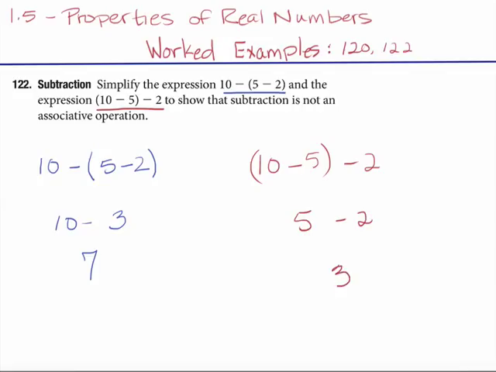By the associative property, it seems like since all my numbers are in the same order and all my signs are the same, since all I've done is move the parentheses, I should get the same answer. But because of the order of operations, in the first I have to do this subtraction first and subtract the result from 10. In the second example, I have to do this subtraction first and then subtract 2 from that result.